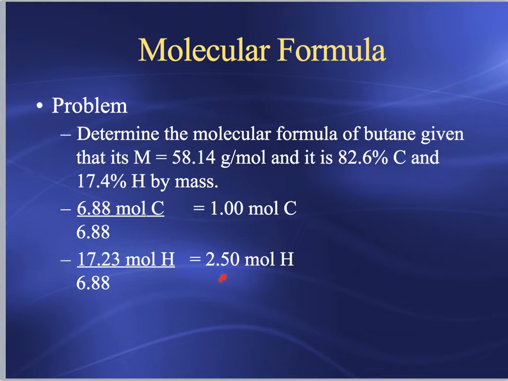We get this interesting 2.50 moles of hydrogen, which makes it look as if our formula would be something like CH2.5, but for an empirical formula, it has to be the lowest whole number ratio. So we've got to figure that out. We can't leave it like this, and the next slide is going to talk about what we do.